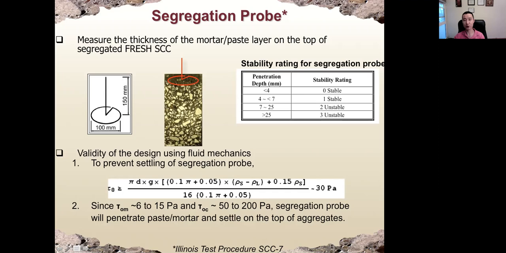That means the probe will only penetrate the paste or mortar layer, but cannot penetrate the coarse aggregate. So we use the probe to easily measure the layer of mortar on top of the concrete. And depending on the penetration depth, we can give a 0 or 1, which means the concrete is stable, or 2 and 3, which means the concrete is not stable enough.